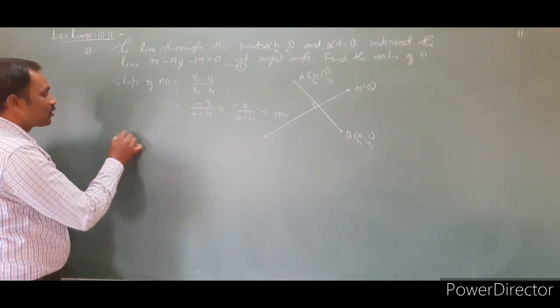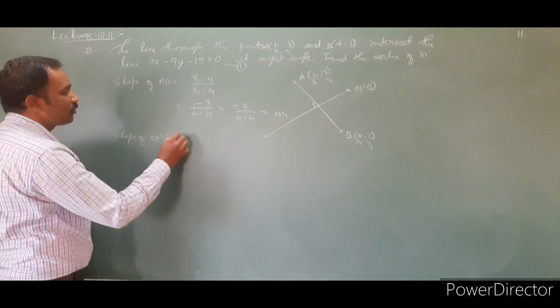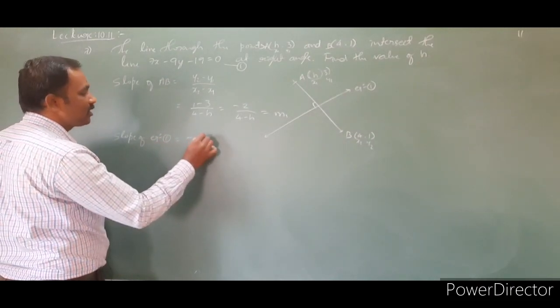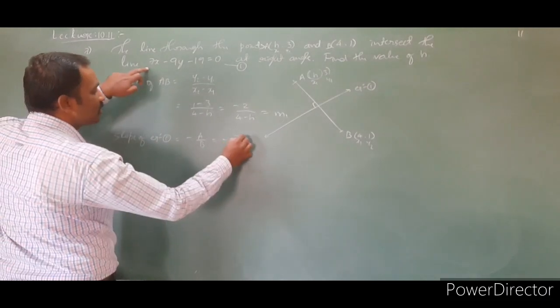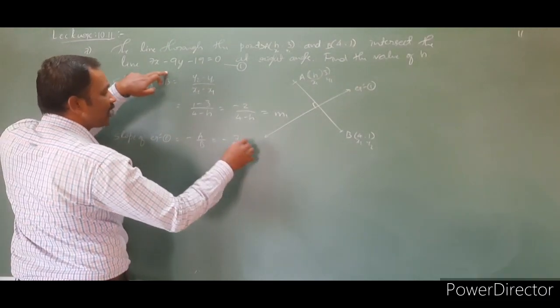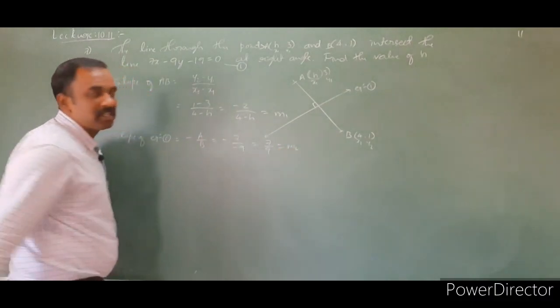And slope of the equation number 1. What is the slope of the equation number 1? Here it is a general form, minus a by b. Minus a value is how much? 7. b value is minus 9, so it is 7 by 9. Call this as m2.